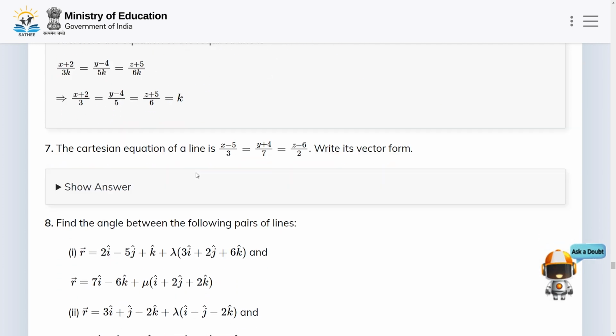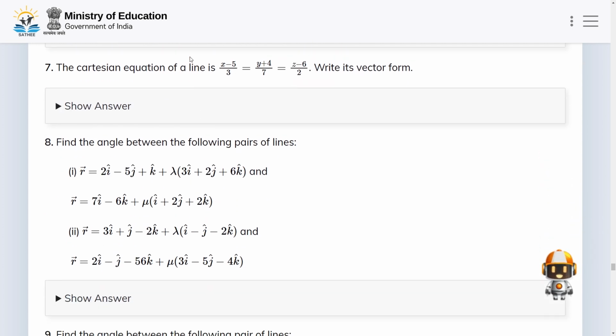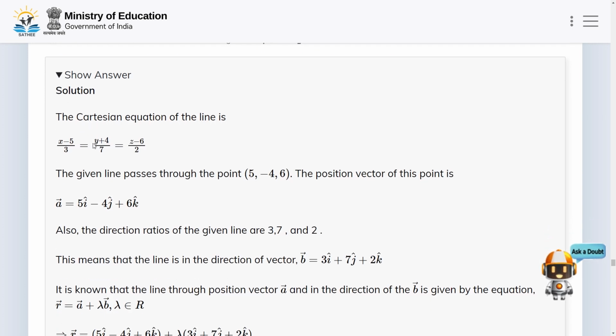Now the seventh problem. The Cartesian equation of a line is this. Write its vector form. Very simple, very easy to write. As you know, 5, minus 4 and 6 will be the point from where your line is passing.